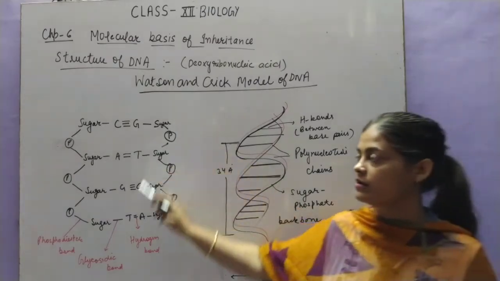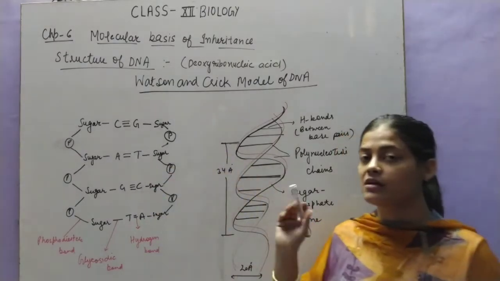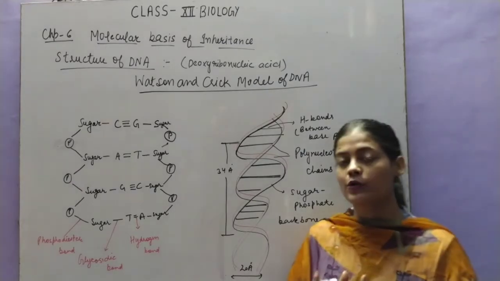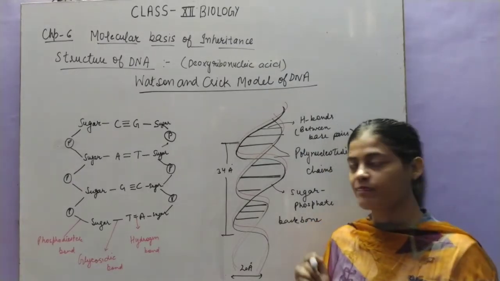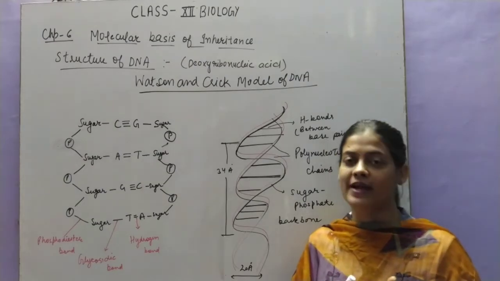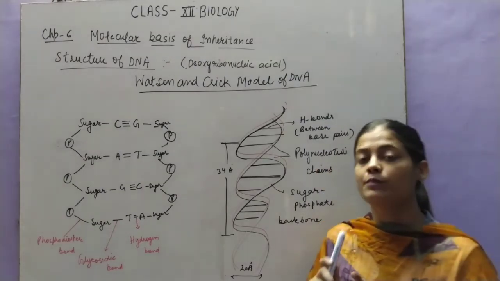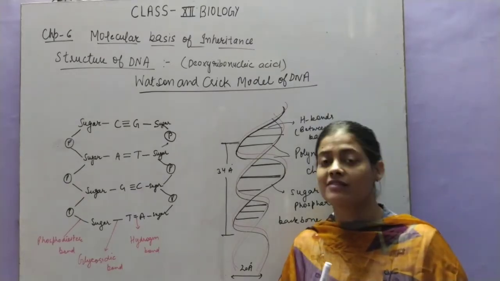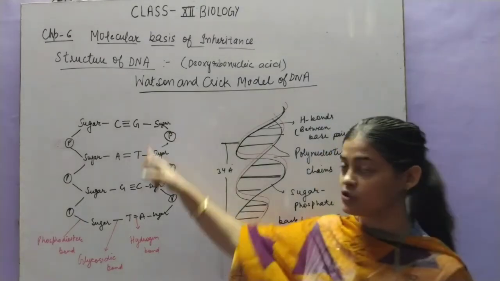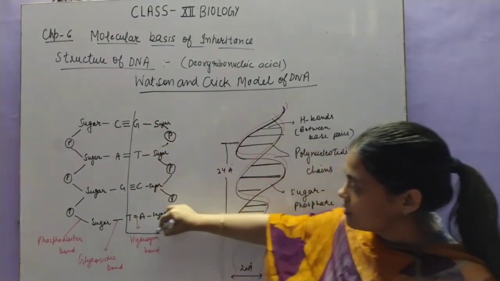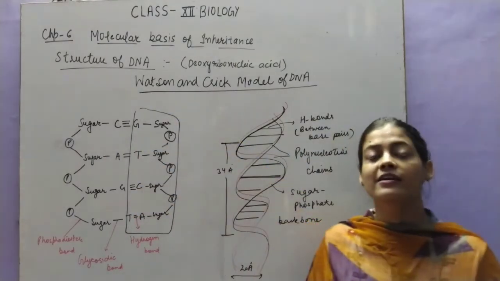So let me show you how this single polynucleotide chain is being formed. As I told you, nucleic acid has 3 components: phosphoric acid, pentose sugar and nitrogenous base. So one polynucleotide chain will have all the 3 components. तो जो मैंने यहाँ पे आपको structure show किया है, so this portion is showing one polynucleotide chain.